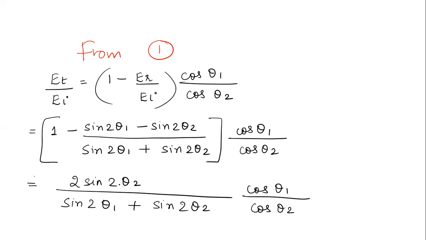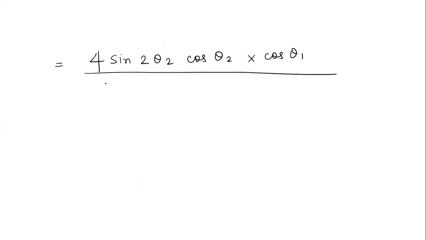This is 2 sine cos, this is 2 sine cos, which can be written as 4 sine 2 theta 2 cos theta 2 into cos theta 1 upon sine of 2 theta 1 plus sine of 2 theta 2 into cos of theta 2.